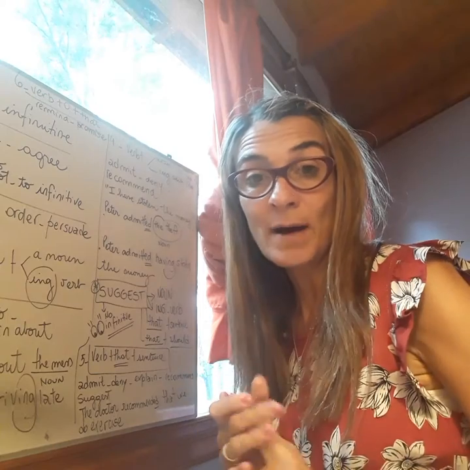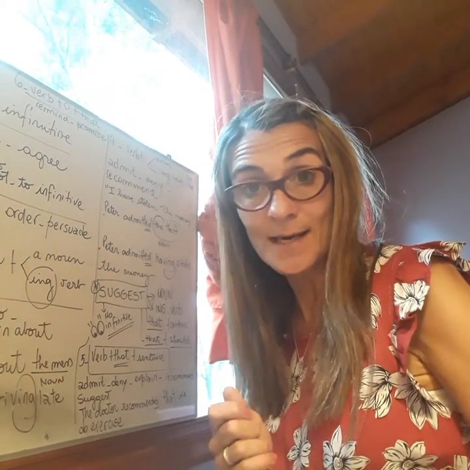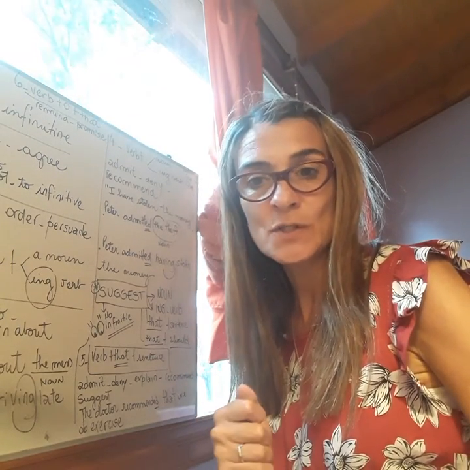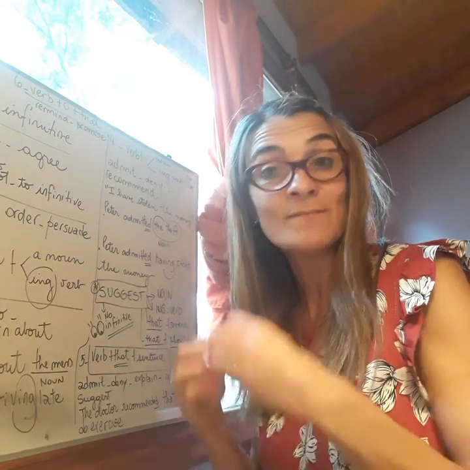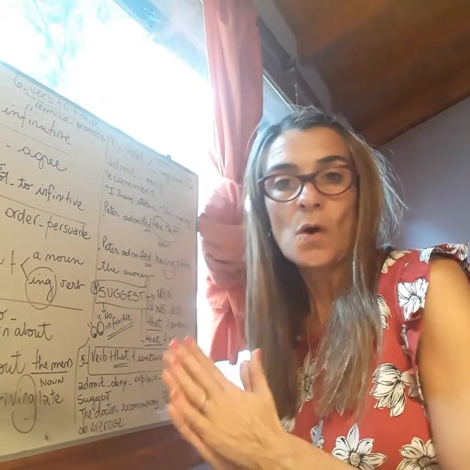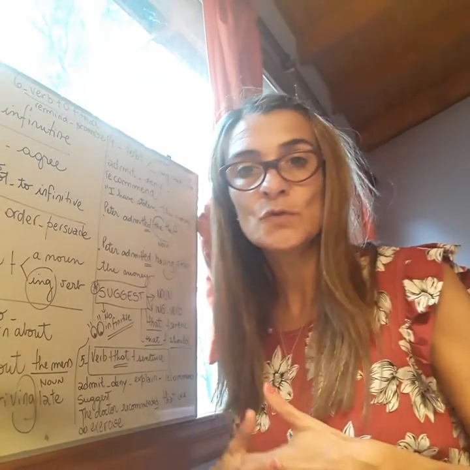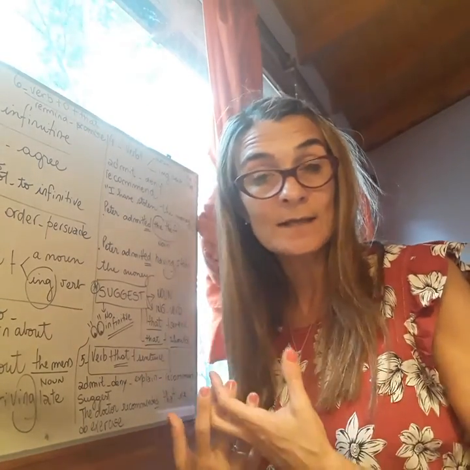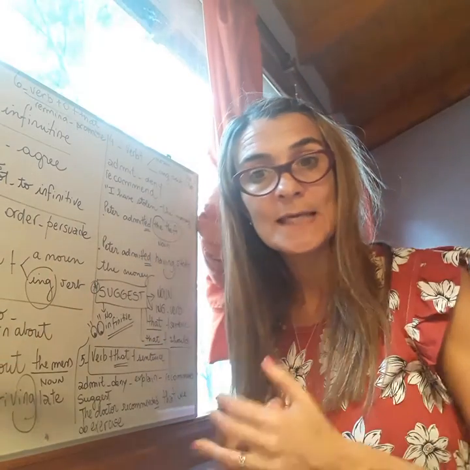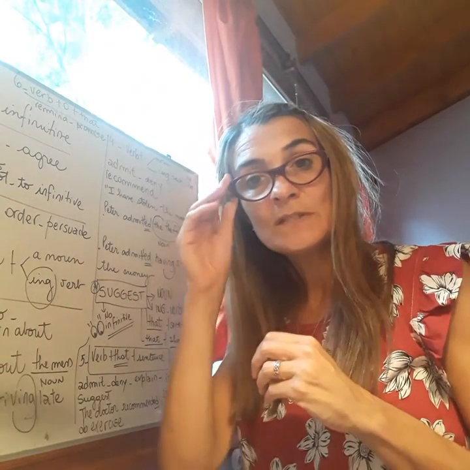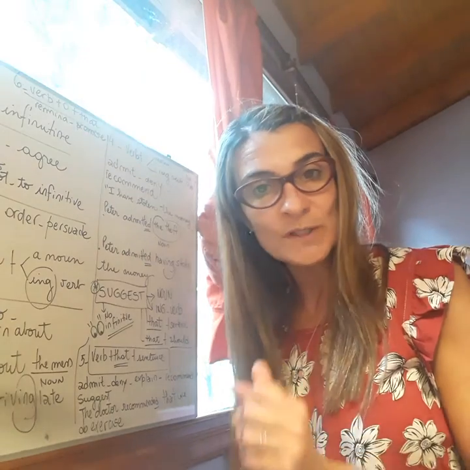This is the second part of the second class of reported speech, which I called reporting verbs. So far we know that we use reported speech to talk about a situation and tell what happened, but now I'm teaching you how to use the reporting verbs.